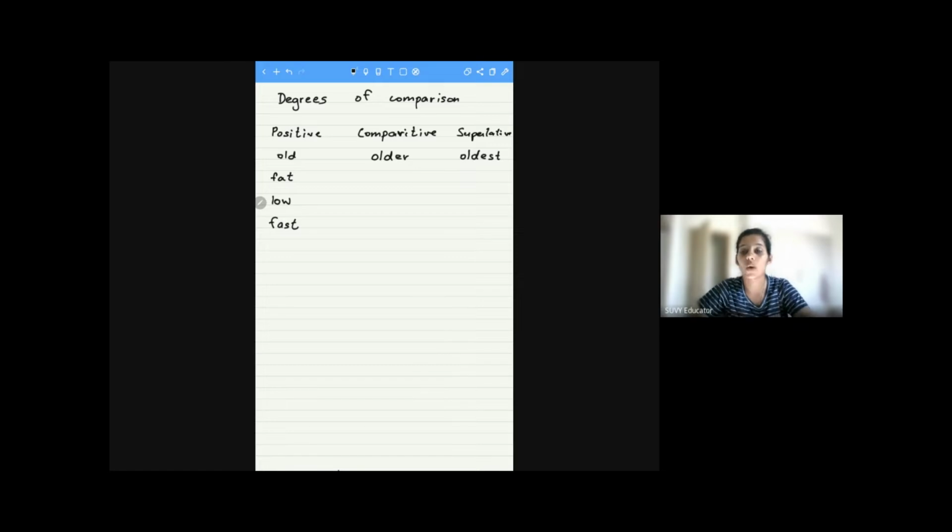So now there are rules for how you make a word into comparative and superlative.